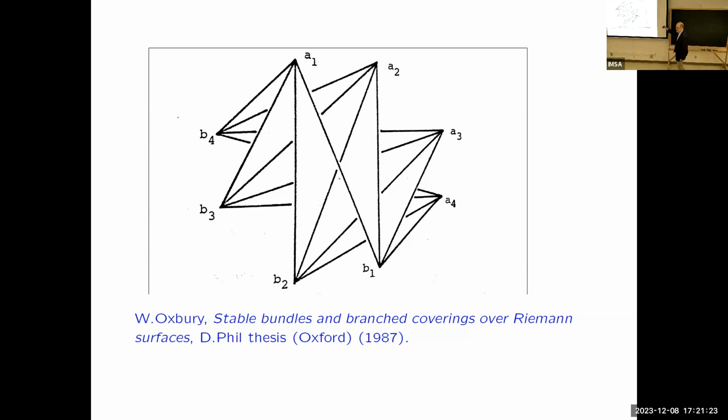And later on, I'll tell you what this is. These are points and lines in projective space. So Bill didn't stay in academic mathematics, but anyway, his thesis was an interesting exercise.